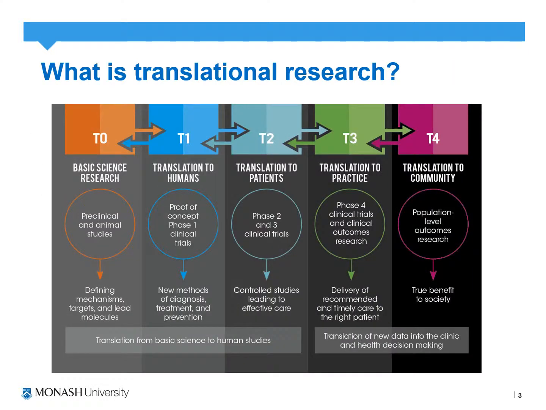As you can see, the translational continuum is fairly intricate. It goes from what we call the bench, so basic science, all the way up to the bedside and what we call beyond now. Discoveries from the bench translate to humans in terms of clinical trials or clinical research, or programs that we can then upscale to the community and take more of a public health or population level approach to the outcomes.